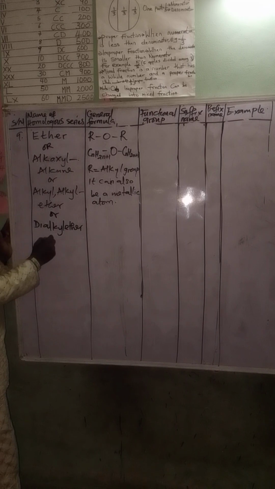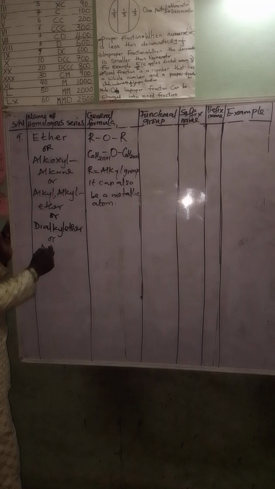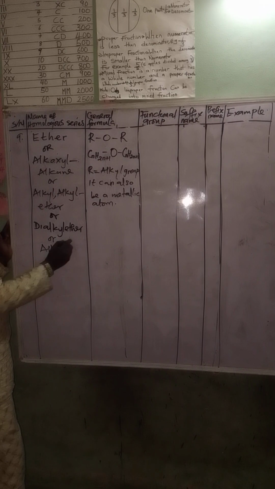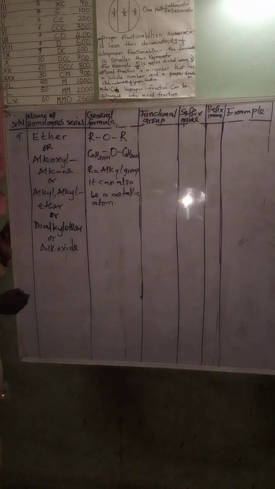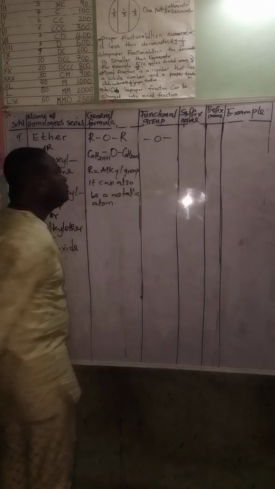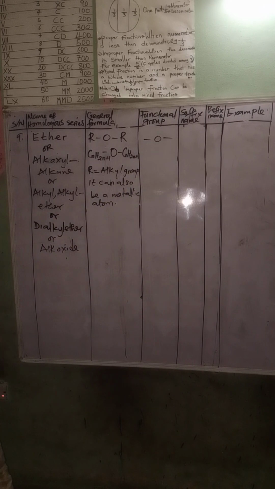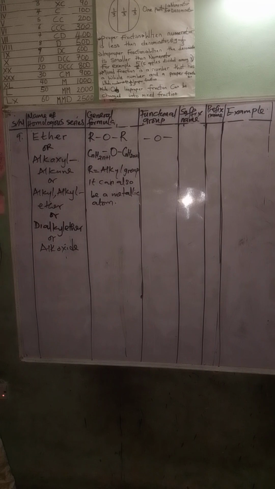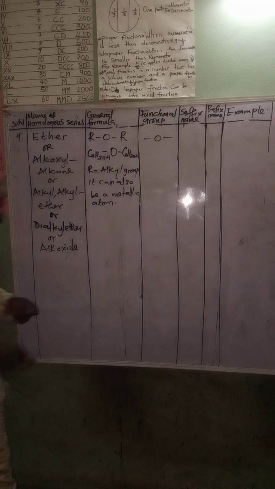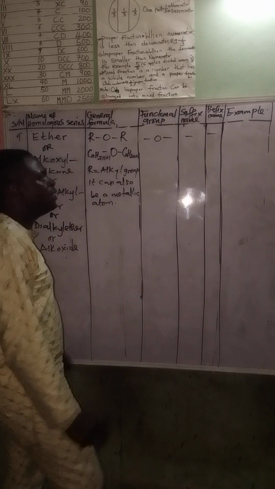So this can also be an alkoxide group. Now the functional group is just the O in between the two alkyl groups, the oxygen there. There is no suffix or prefix name for it, but let's look at common examples.